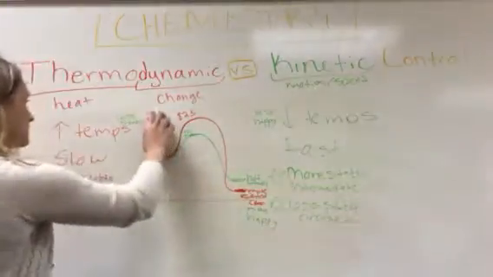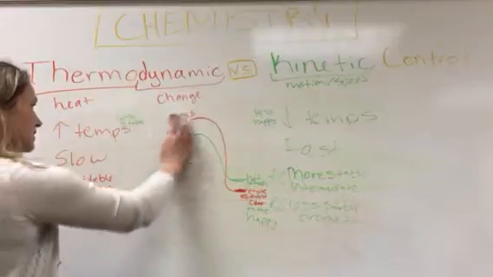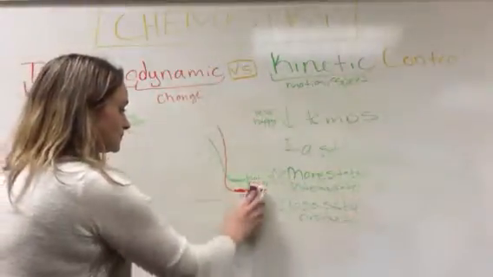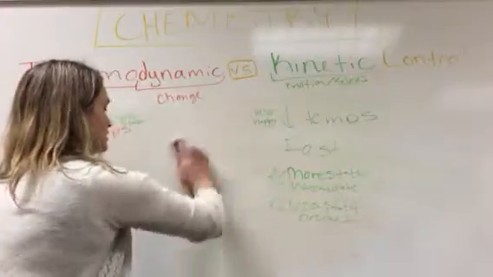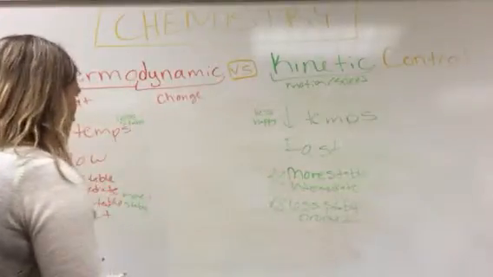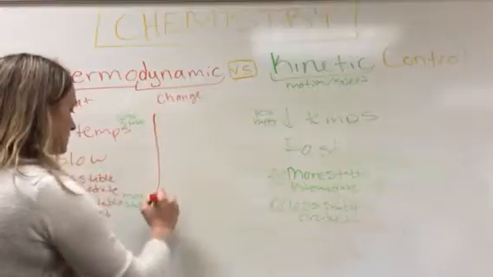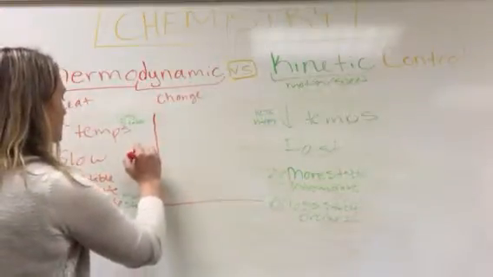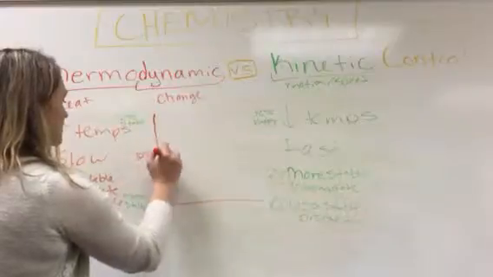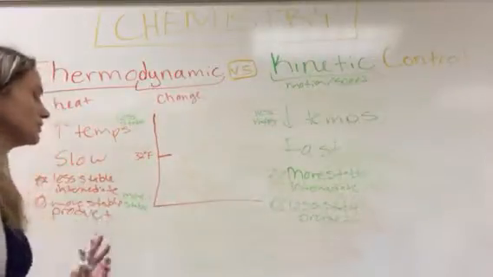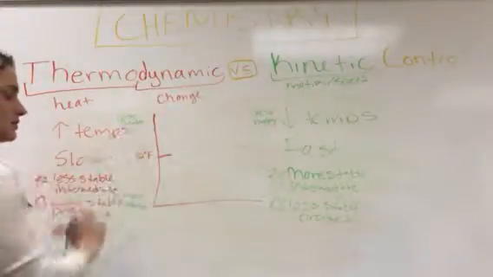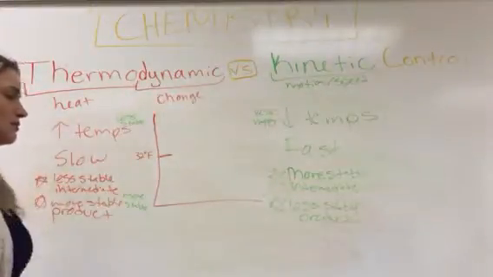So let's try another example, but let's actually use heat this time. So let's say that you're on a mountain and the first time you go to this mountain, it is 32 degrees Fahrenheit, and this is your starting point. So we're going to use the same idea that if you're up here on this graph, then you're less stable, less happy. Down here, you're more stable, you're more happy.